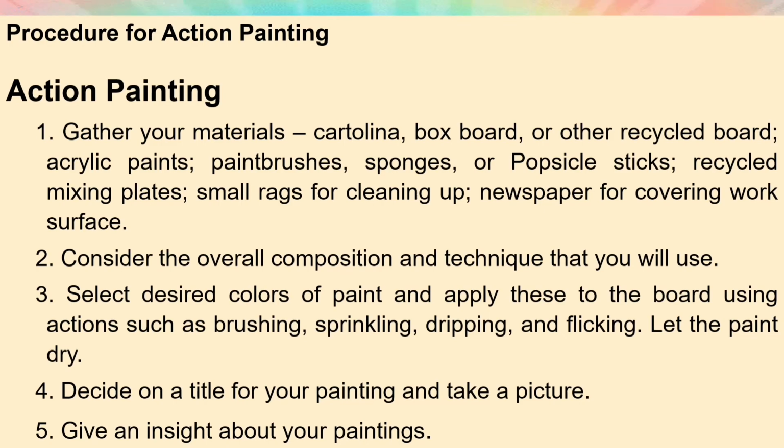Number 3, select desired colors of paint and apply this to the board using actions such as brushing, sprinkling, dripping, and flicking. Let the paint dry. Number 4, decide on a title for your painting and take a picture. 5, give an insight about your paintings.